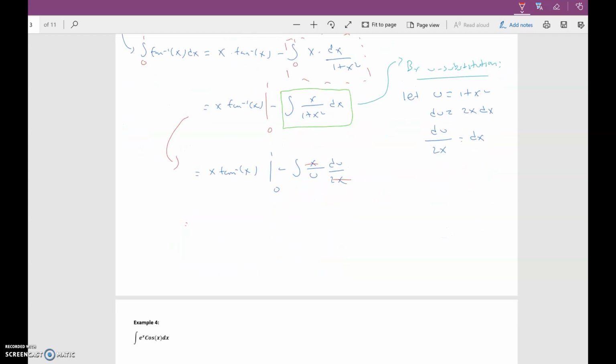So that we end up with x tangent inverse of x. We'll plug in the limits of integration, minus, I'm just going to write it as 1/2 integral du over u.